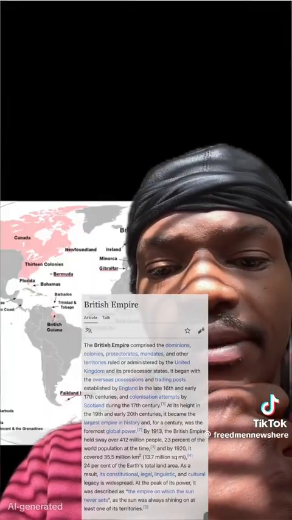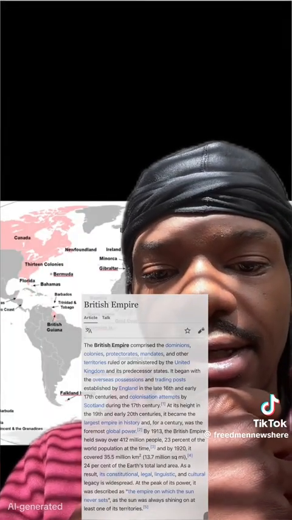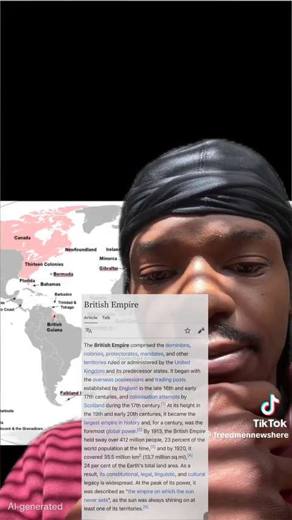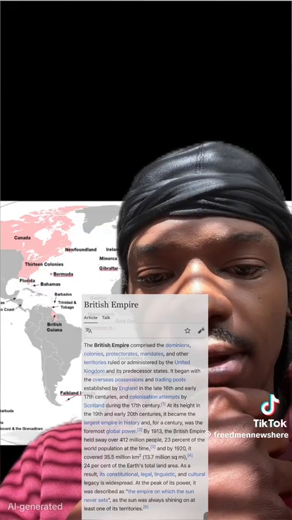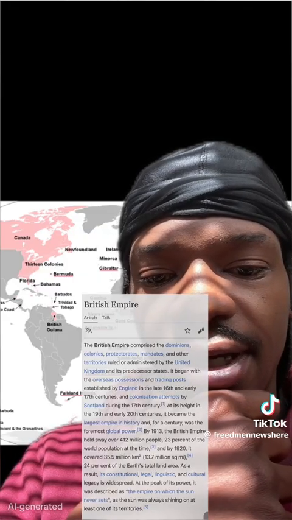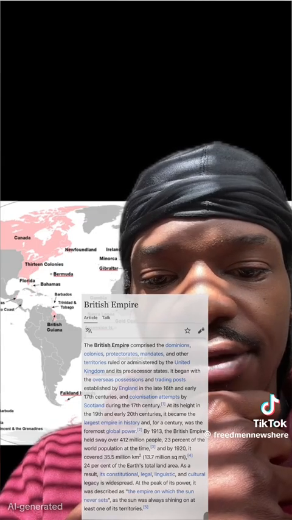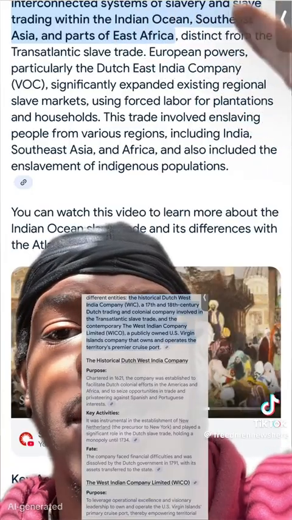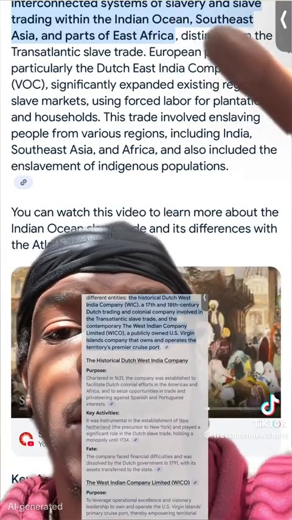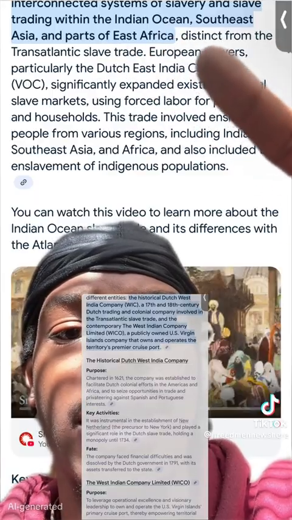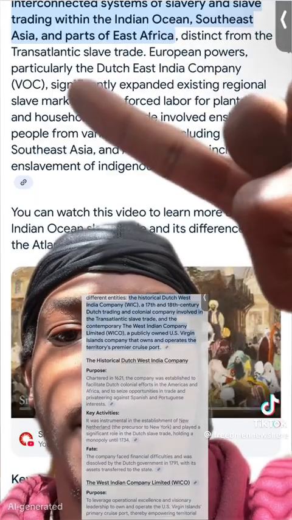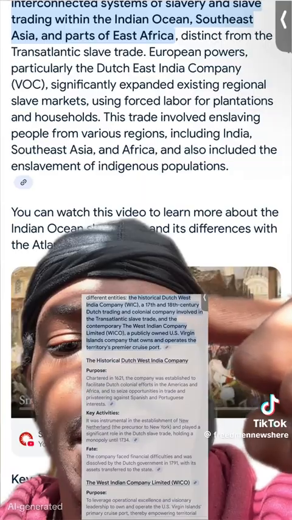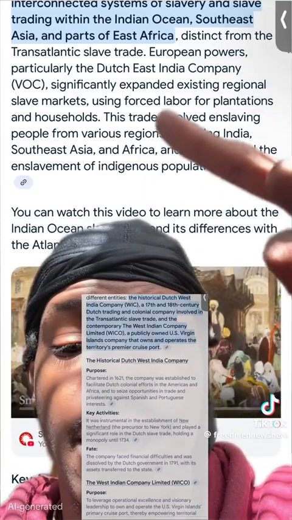Now, the British Empire, comprised of dominions, colonies, mandates, and other territories ruled or administered by the United Kingdom and its predecessor states. It began with the overseas possessions and trading posts established by England in the earliest 16th and 17th centuries. And like I broke down, the East and West Indies are interconnected in the system of slavery and slave trading within that Indian Ocean, Southeast Asia, parts of East Africa. Distinct from the transatlantic slave trade, the European powers particularly had the Dutch East India Company and the historical Dutch West India Company, 17th and 18th century.